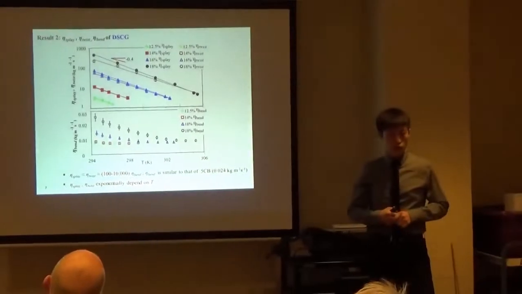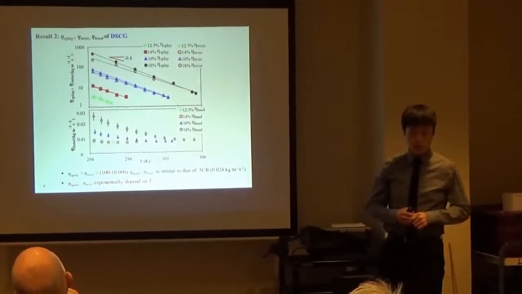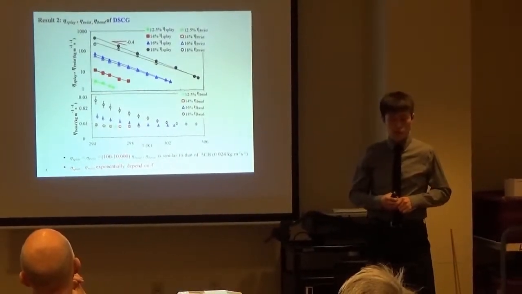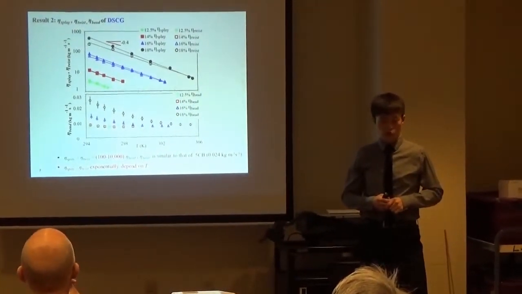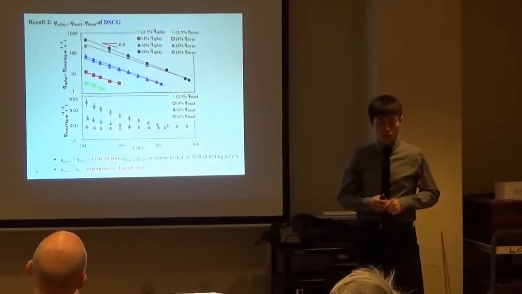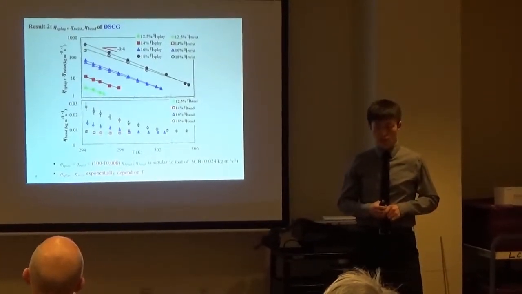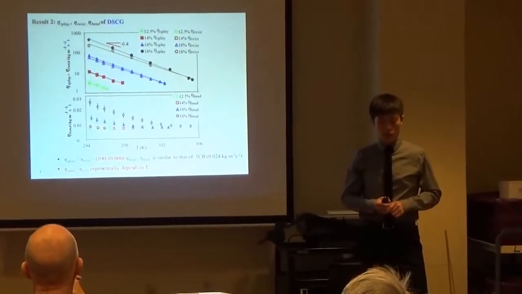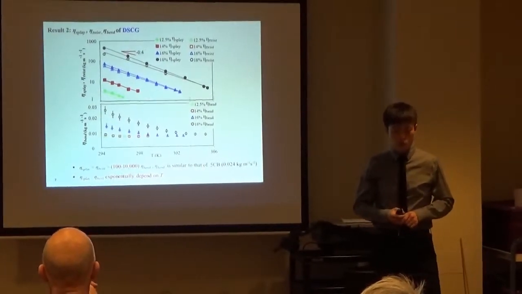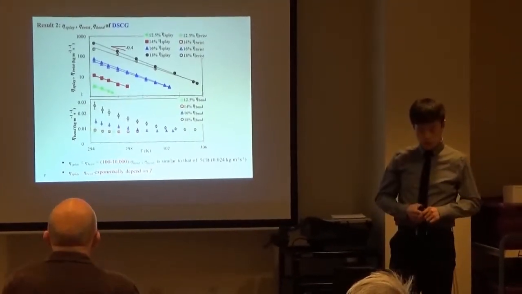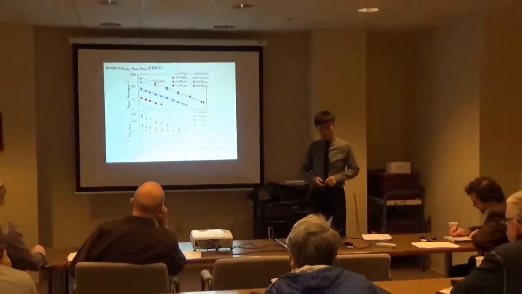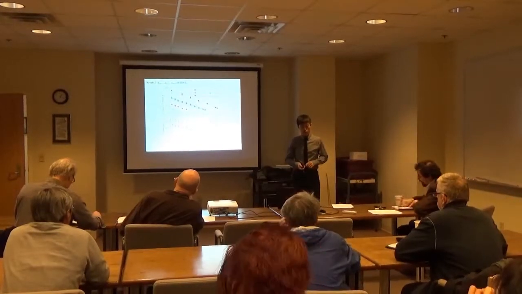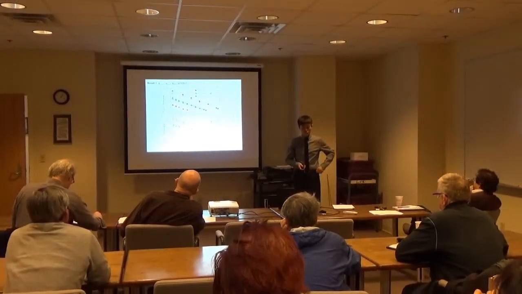The splay and the twist viscosity are on the order of 1 to several hundred Pascal second, which is 2 to 4 orders of magnitude larger than the bend viscosity, and the bend viscosity is comparable to the bend viscosity of 5CB and other normal thermotropic liquid crystals. And also you can see a clear exponential dependence on temperature of the splay and the twist viscosity here.